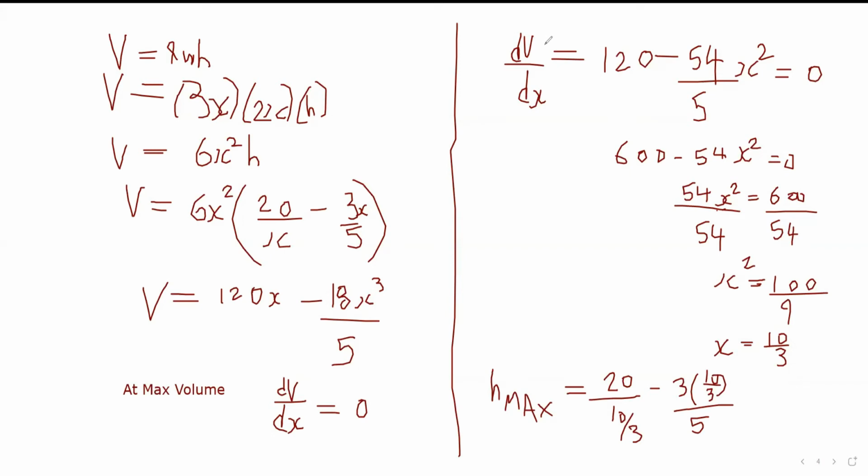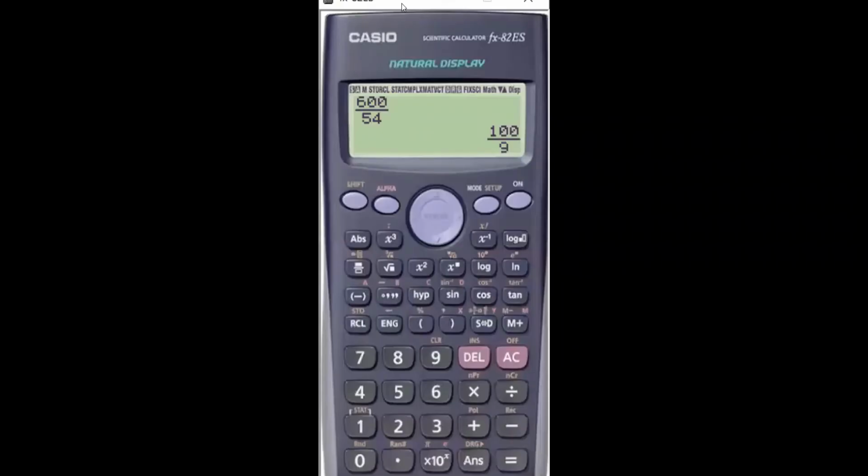All right, so what we end up getting is, just plugging it in that formula where x is, 20 divided by x, and x is 10 over 3.